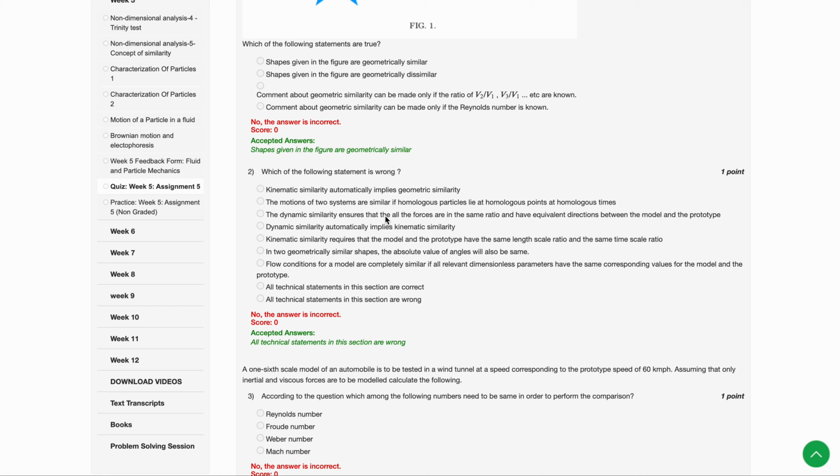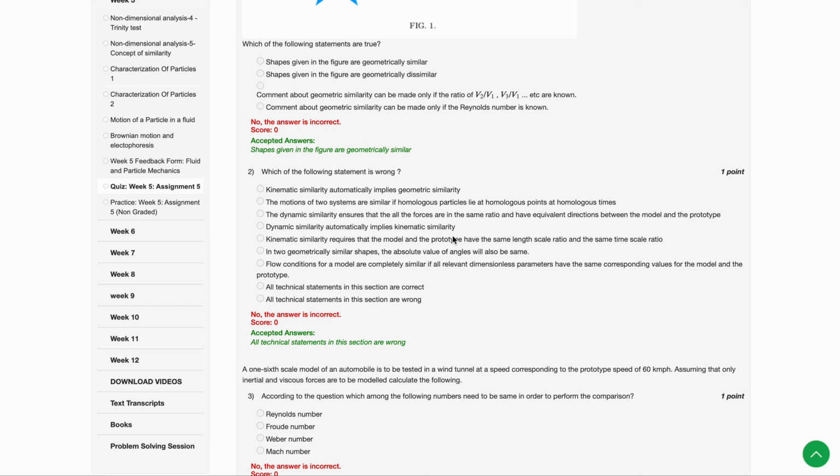Dynamic similarity ensures that all forces are in the same ratio and have equivalent directions between the model and the prototype. Yes, that is what dynamic similarity is. It talks about similarities in terms of forces and torques. Dynamic similarity automatically implies kinematic similarity.